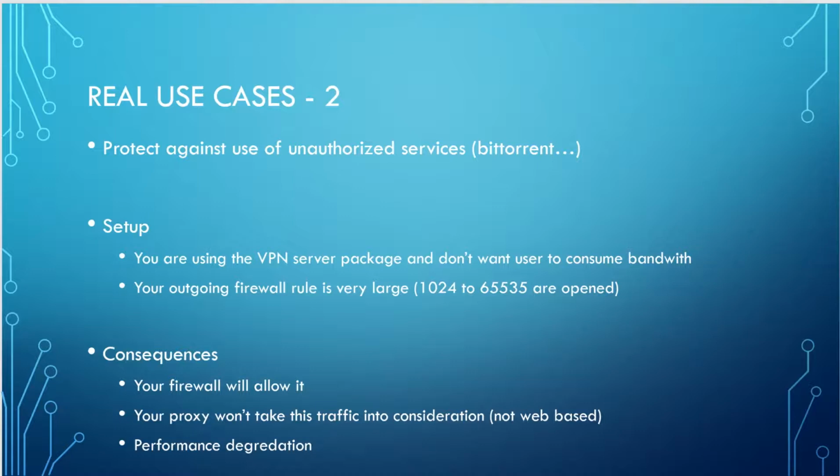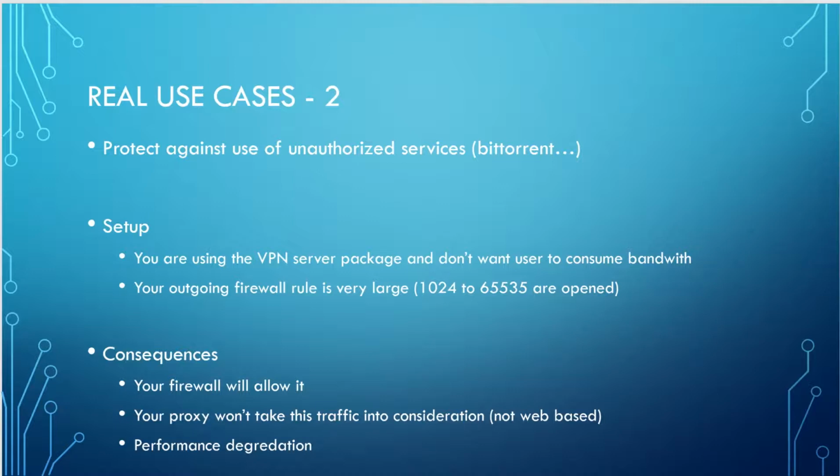As usual, your NAS has access to the internet, for example, a lot of ports. So like before, if you're going to use a BitTorrent client on your computer and it goes through your NAS because you have a VPN server with a full tunneling configuration, or you don't want someone to install a BitTorrent package on your NAS, well, the firewall is going to allow it because BitTorrent, when it uses the peer-to-peer connection, is going to use high ports.